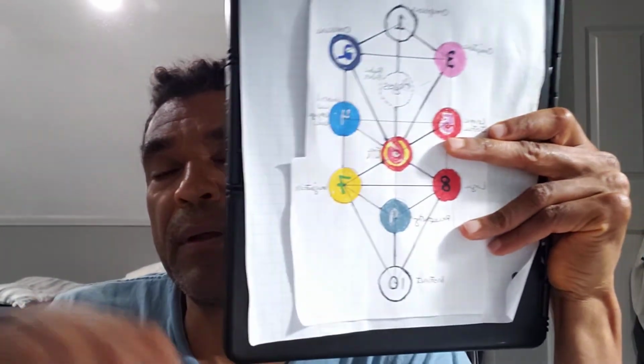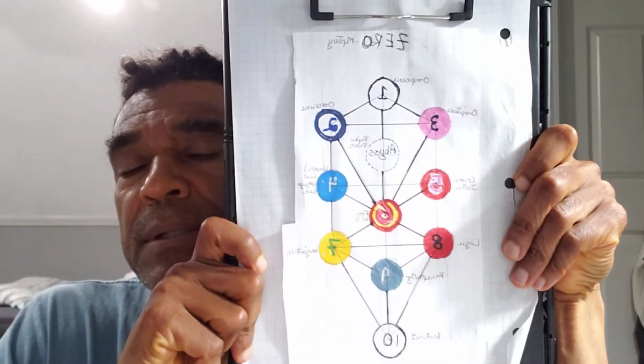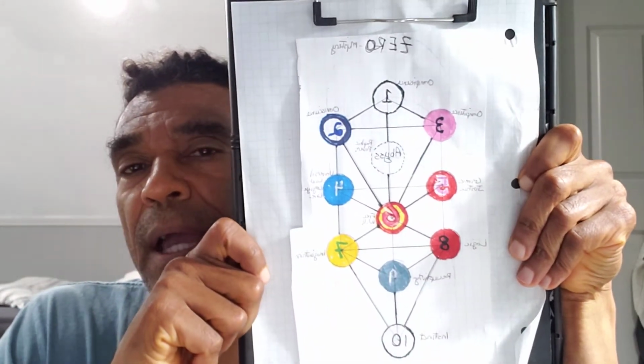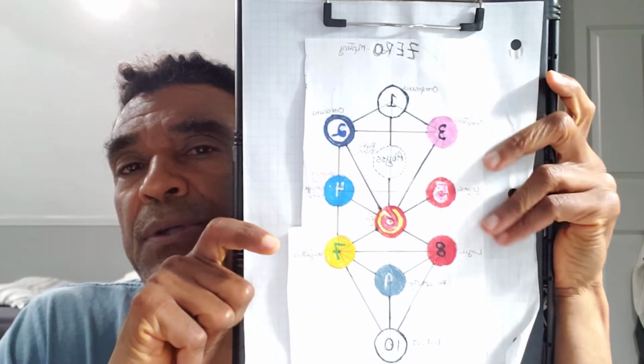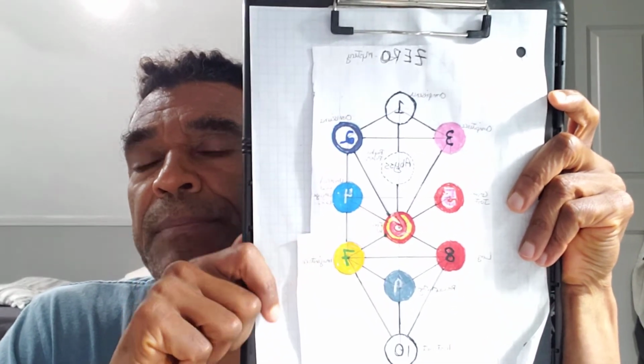So when we look at the tree, we see here a model, and this Tree of Life goes all the way back to ancient Egypt at least, but it's also the same diagram that is called the Kabbalah.